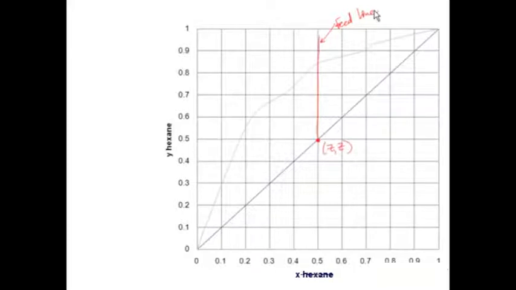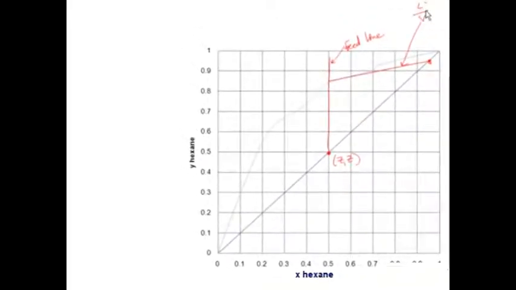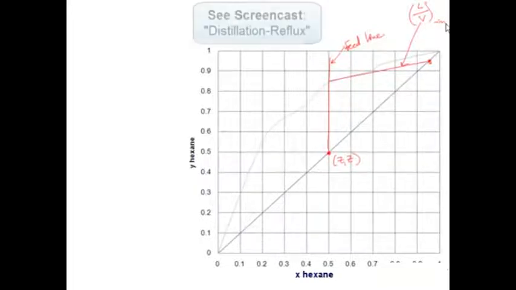Now this is a standard distillation column, so we can use the point XD, XD for the top operating point, top operating line. So that's here. And the pinch point, let me use my ruler. The pinch point will be here. And so this will be a slope of L over V min. And if you don't understand why we're doing that, look at the screencast for distillation reflux, how we determine minimum reflux.